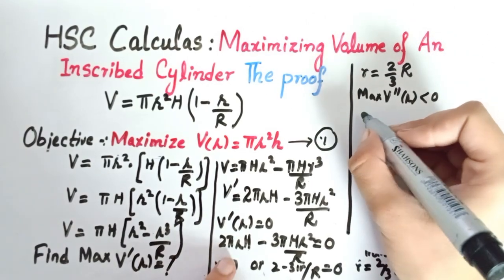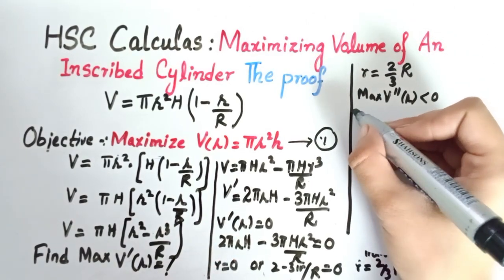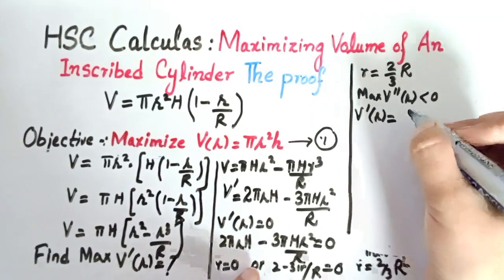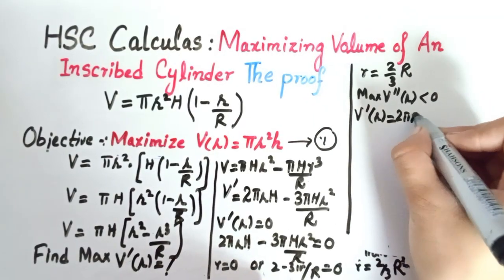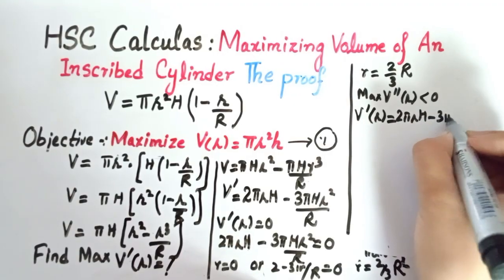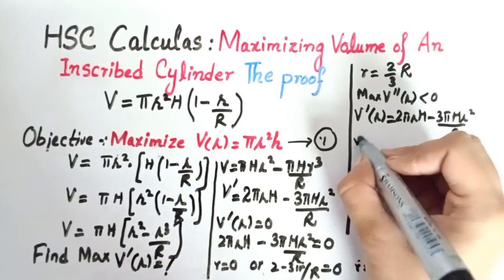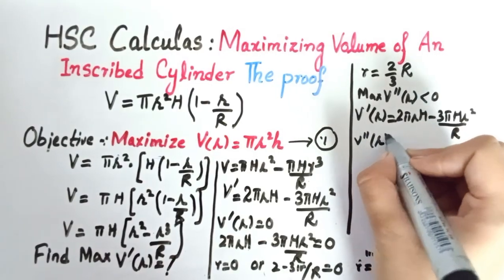So first of all write down the single derivative value, that is 2 pi r h minus 3 pi h r square over capital R. Find its double derivative.